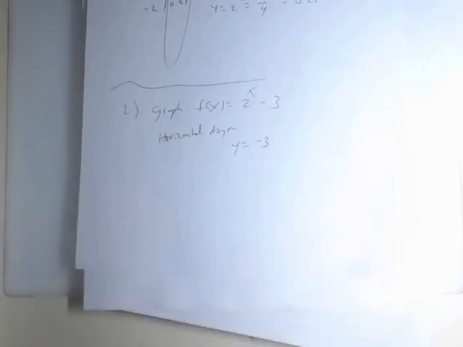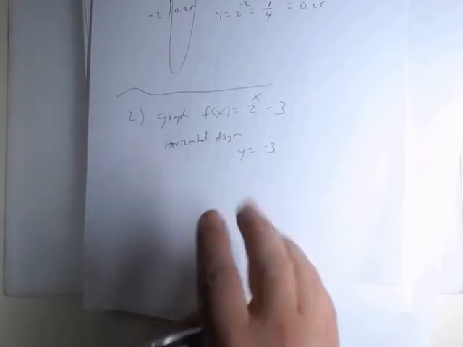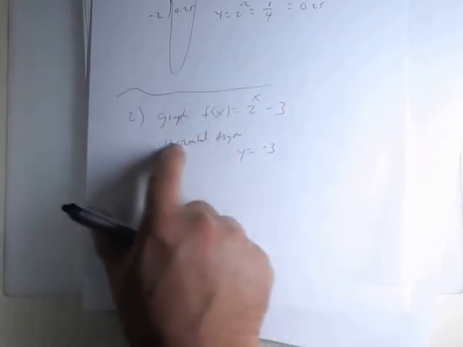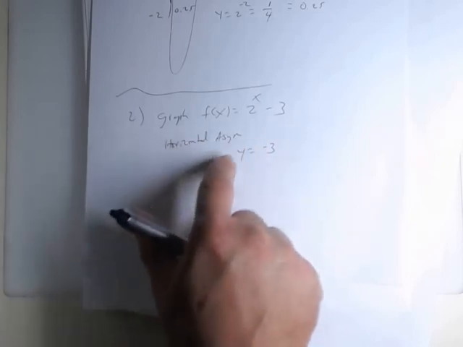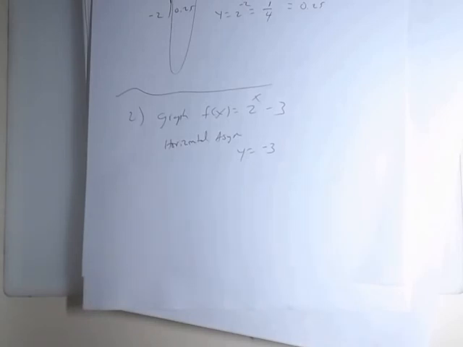Negative 3. That will be your horizontal asymptote. So we're going to do more with that next class period, but you did ask a question. You wanted to know what it would equal. It is negative 3, but you don't just say negative 3 because it's what kind of line? Horizontal. And how do you name a horizontal line? Y equals.